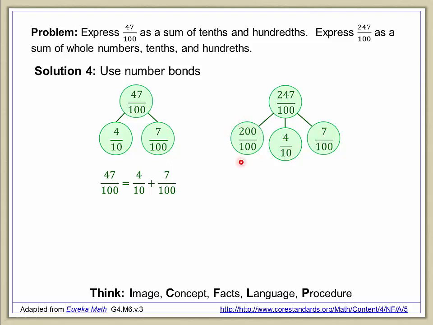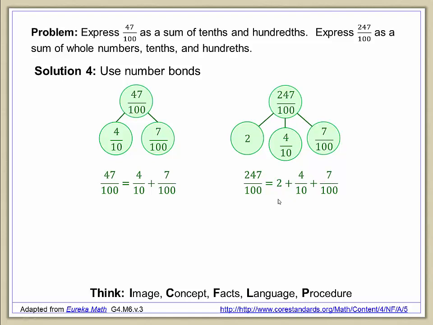But what about this 200/100ths? Well, we know that if 100/100ths is the whole, then 200/100ths is 2 wholes. Now we've made the leap from fractions into whole numbers, and we have, as a sum, 247 hundredths is 2 wholes, that's the 200 hundredths, plus 4 tenths, plus 7/100ths.